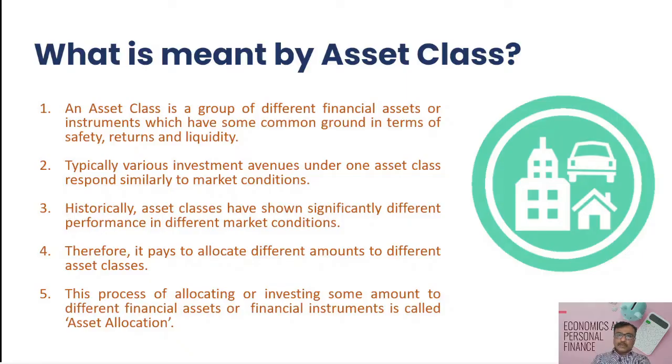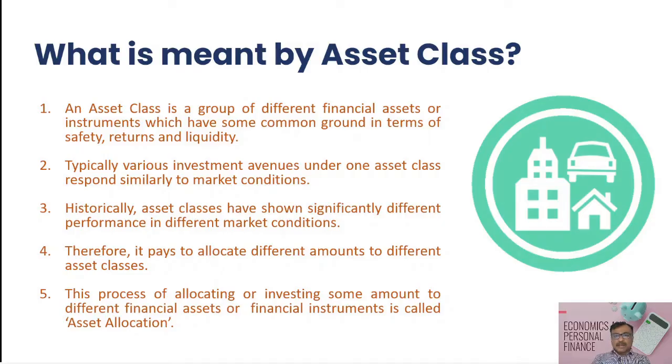This way, you can reduce the risk of losing all your money if one investment doesn't do well. So, in a booming economy, equities do well, and when the economy is not going so great, then bank deposits, bonds and government securities do well.